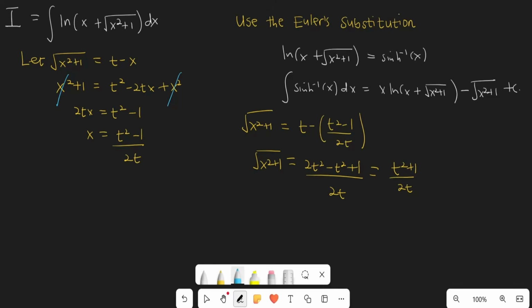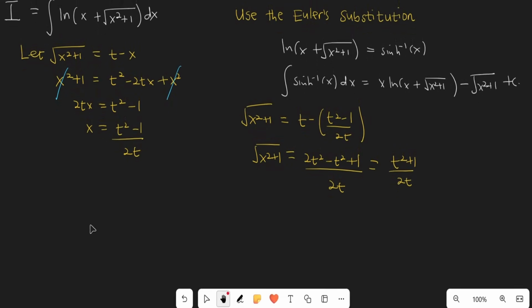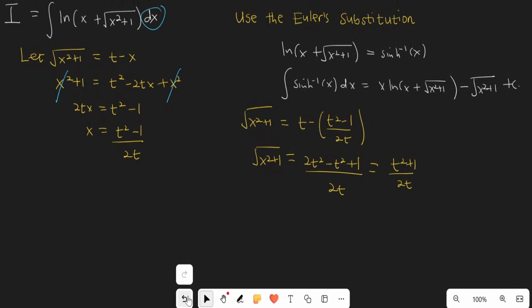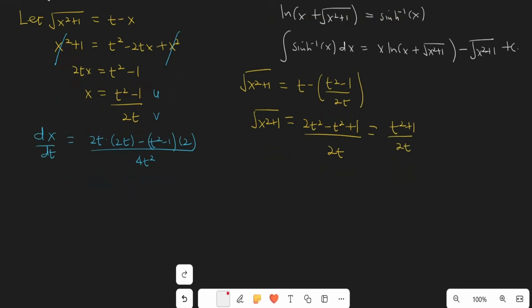Now an expression for dx, right? Because we have to find everything in terms of t, correct? To find an expression for dx, we have to differentiate this one using the quotient rule. So dx/dt is going to be equal to v du, where we differentiate u, which is 2t, minus u dv, where we differentiate v, that is 2, divided by v squared, which is 4t squared. That is the denominator squared.